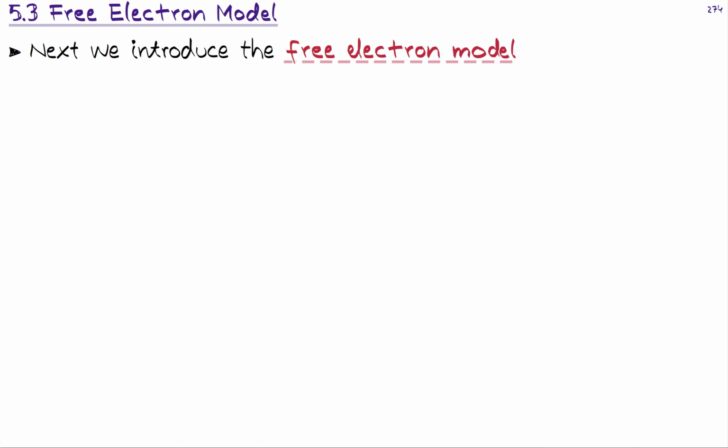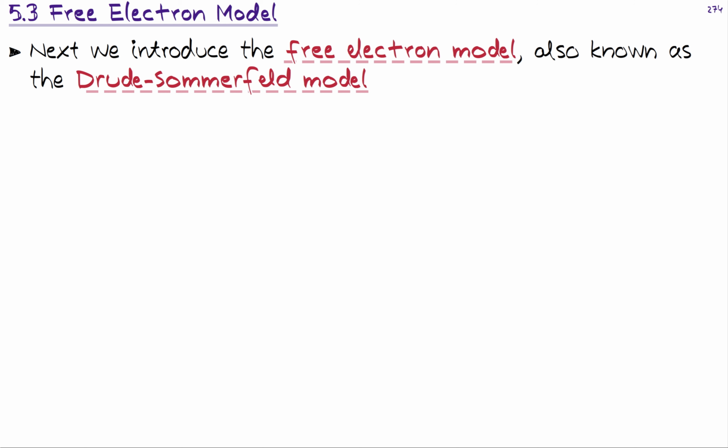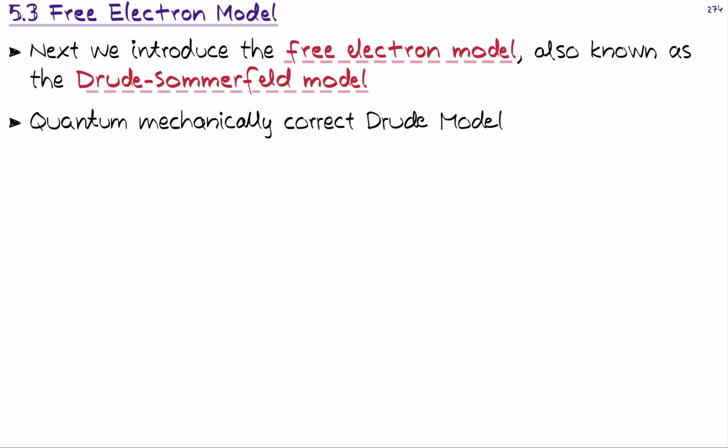In the upcoming four lectures, we will introduce the free electron model, which is also known as the Drude-Sommerfeld model. It's essentially a quantum mechanically correct classical Drude model, where we consider that a metal consists of freely moving conduction electrons, and the properties of the metal are dictated by the movement of these conduction electrons.